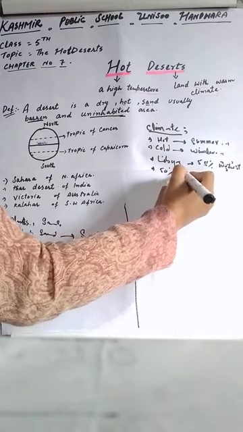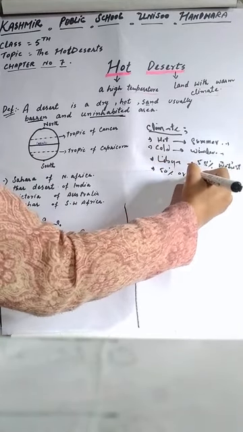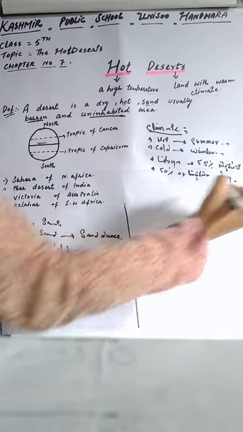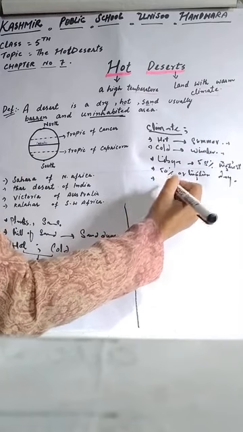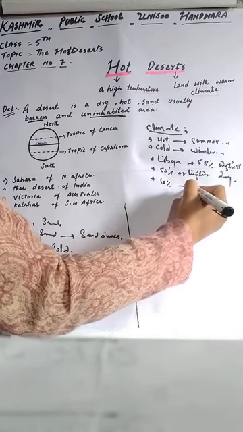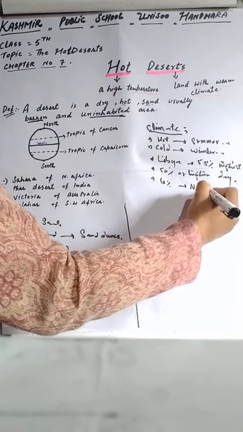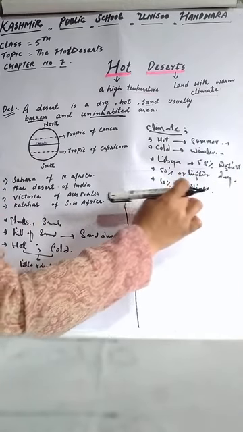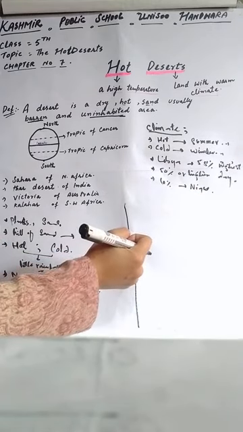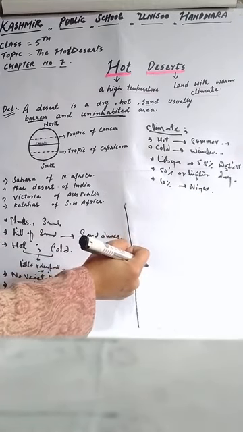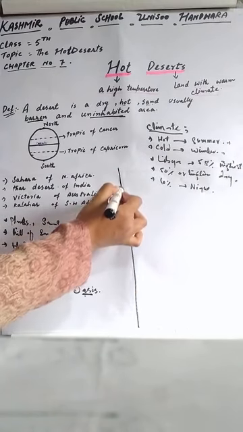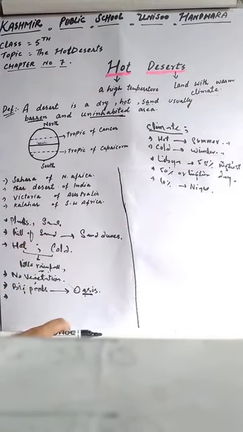Okay, dear students, when the sun sets, the night temperatures of hot deserts can fall to 10 degrees Celsius. During the day, 50 degrees Celsius, and during the night, it can fall to 10 degrees Celsius. Dear students, the reason being that the sand heats up fast and cools quickly.